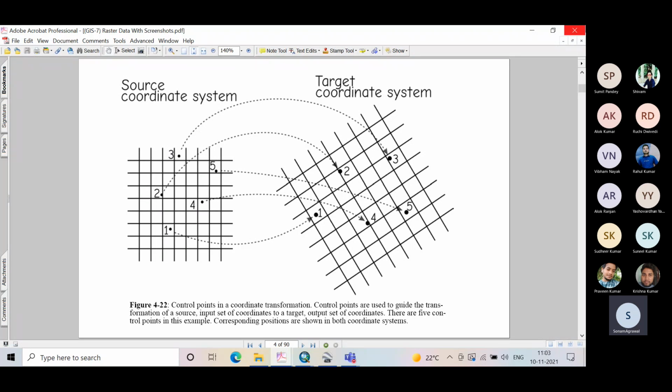It is necessary to remember these equations. So what is the affine transformation?